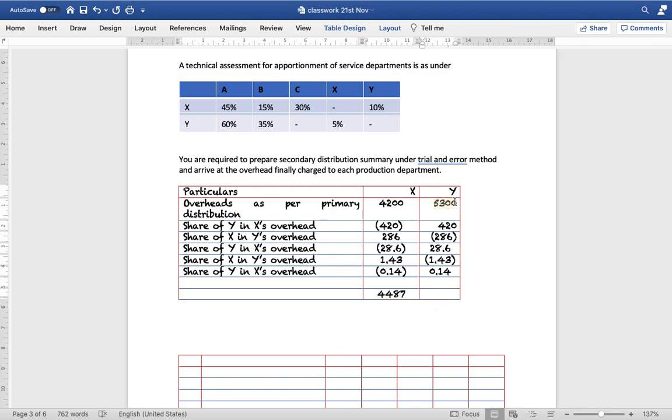Like that here, 5300 plus 420 plus 28.6 plus 0.14. You will get 5748.74. So we keep it as 5,749.